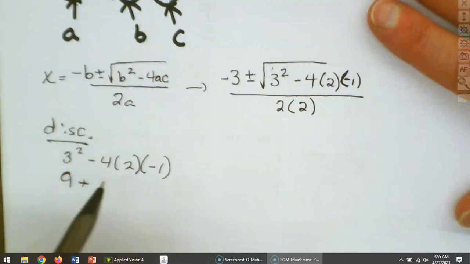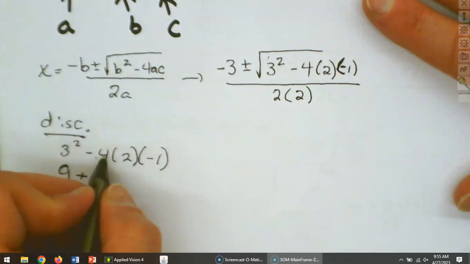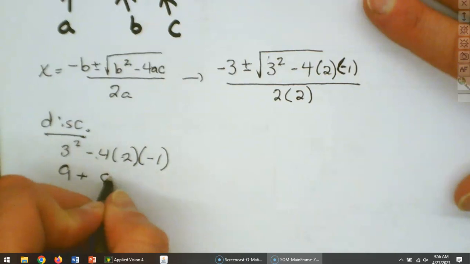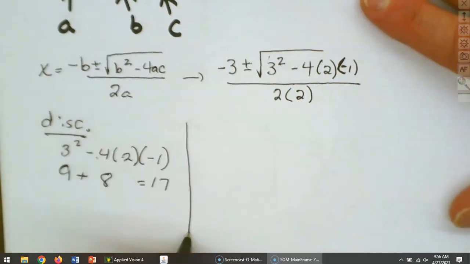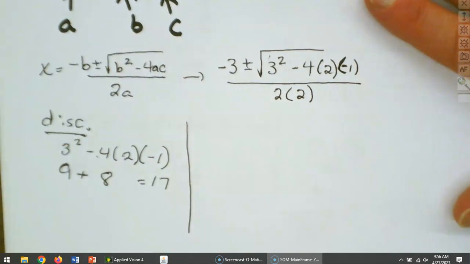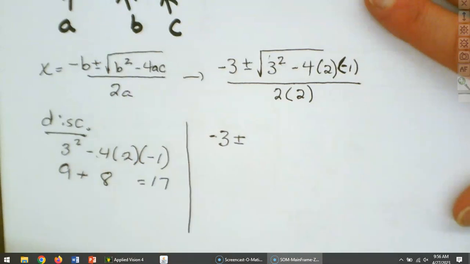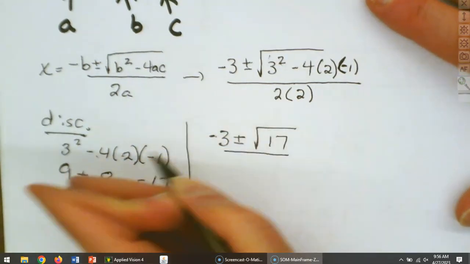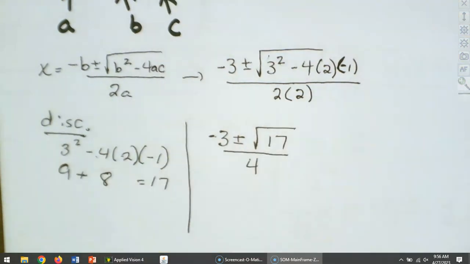Double negative here makes it again positive. 4 times 2 is 8. Times 1 more makes it still an 8. Add those together and we get the square root of 17. So now we can rewrite this as minus 3 plus or minus the square root of 17 over 2 times 2 makes it a 4.